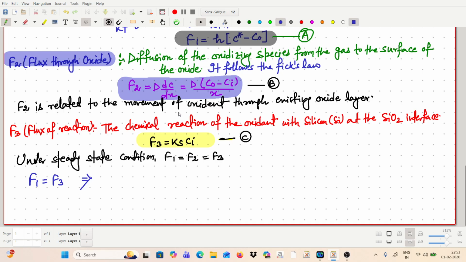F1 is h times (C star minus C naught), and F3 is Ks Ci.